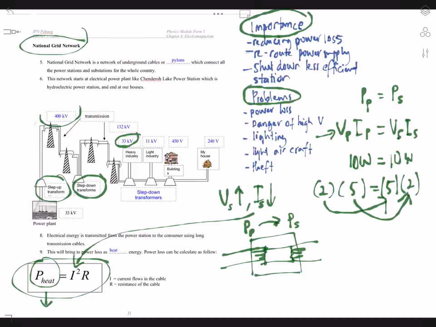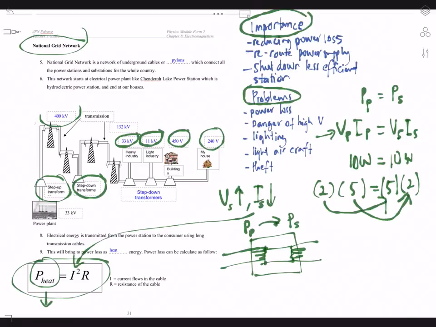In this example, 33 kilovolt, and we use another transformer to decrease the voltage again to 11 kilovolt for light industry, 450 volt for buildings, and 240 volt for houses. Okay.